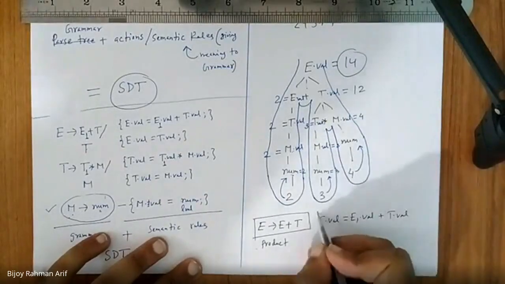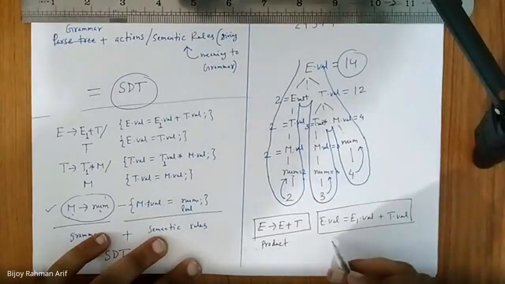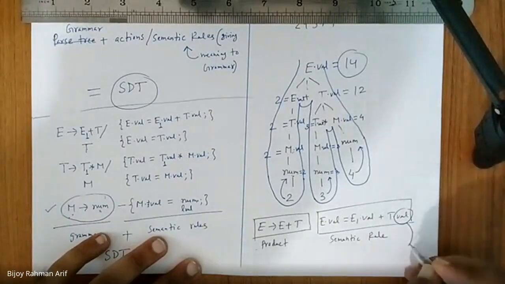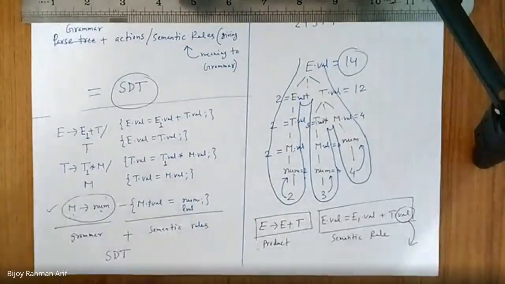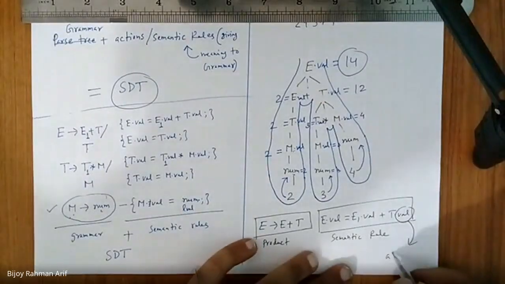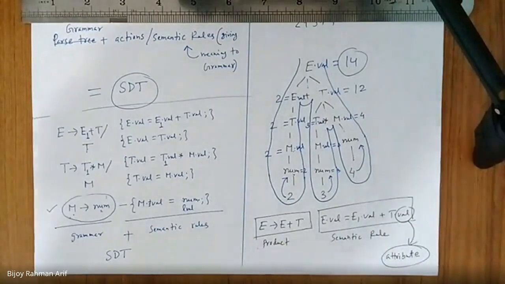What is this called? A semantic rule. A semantic rule. And each of these things, that means like a tag after the variable name, these are called attributes. Okay.